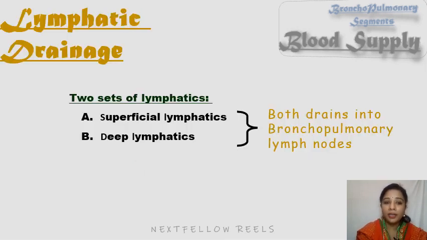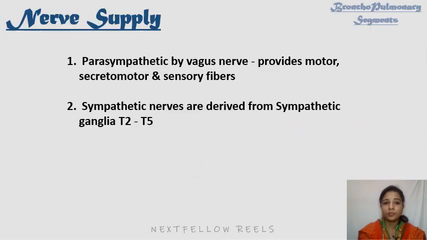Talking about lymphatic drainage, the lungs drain into superficial and deep lymphatics, which further drain into bronchopulmonary lymph nodes.